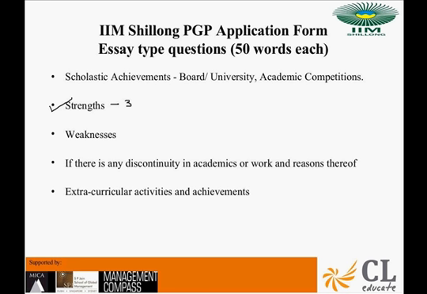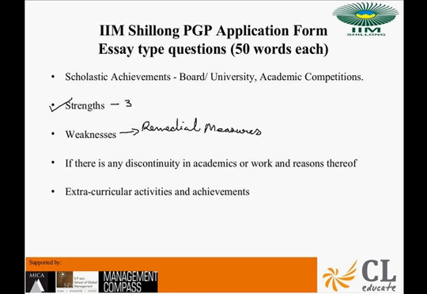Right? And whenever you are mentioning weaknesses, please remember one thing, that with weaknesses, you should always talk about remedial measures. That is very, very important. For example, let's say somebody says that my handwriting is not good, but these days I'm working upon my handwriting, if at all you are doing that. So be honest, right?